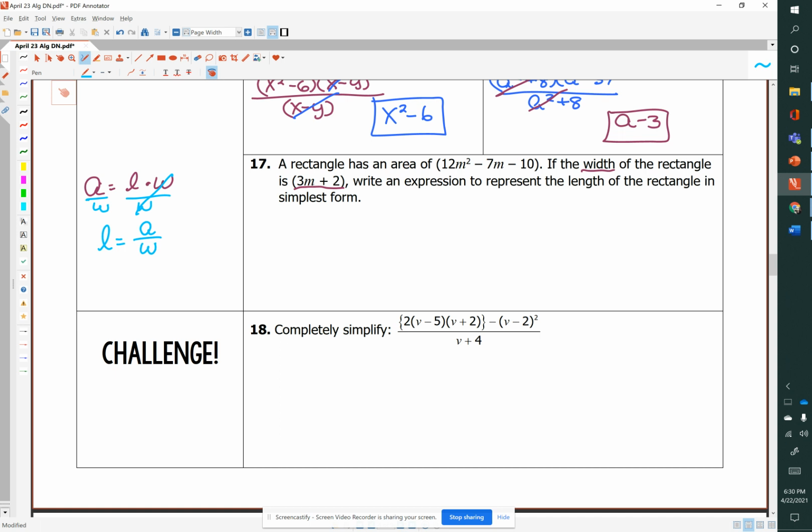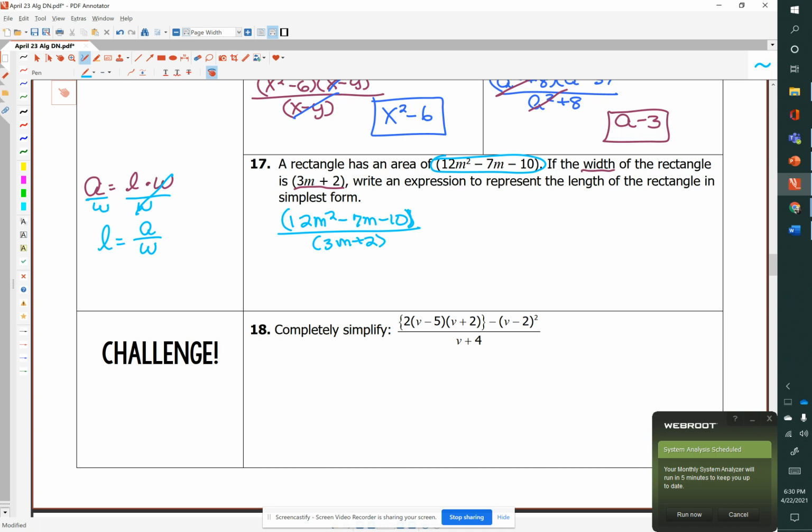So let's use what they've given us, area divided by width. So our area is 12m squared minus 7m minus 10 divided by 3m plus 2. So let's factor the numerator. I think we'll have enough room to do this.